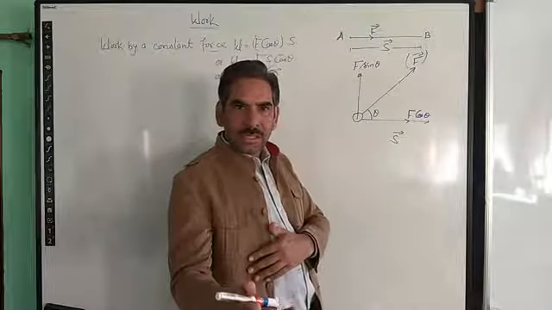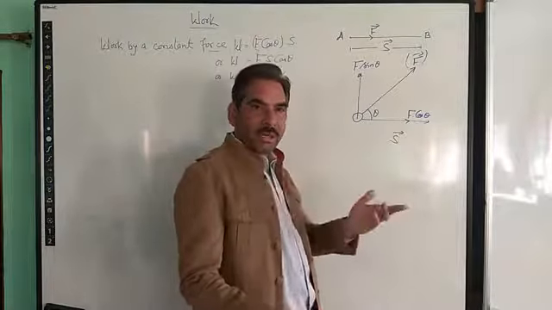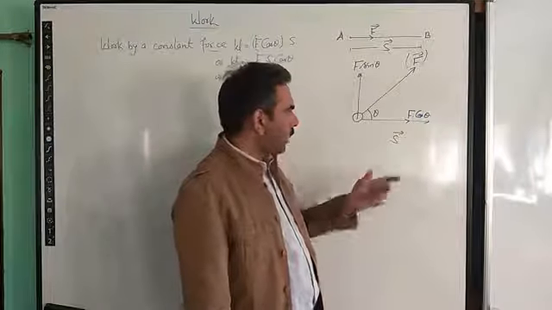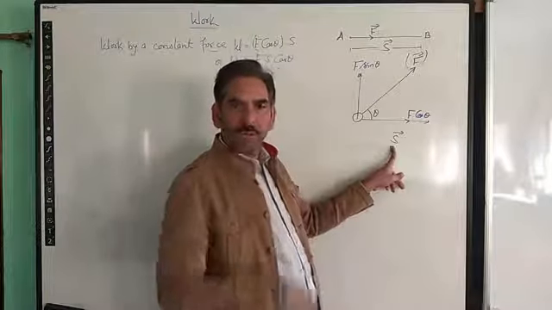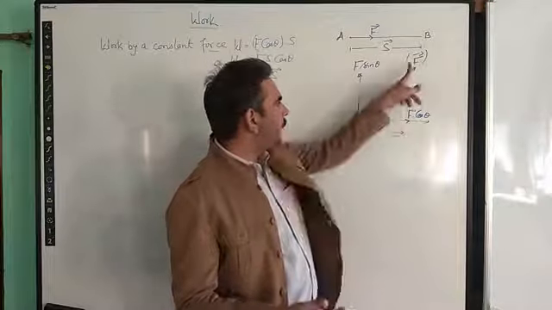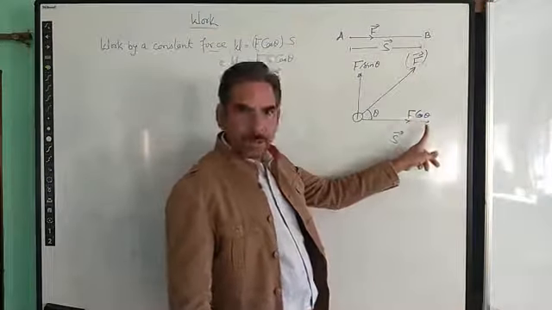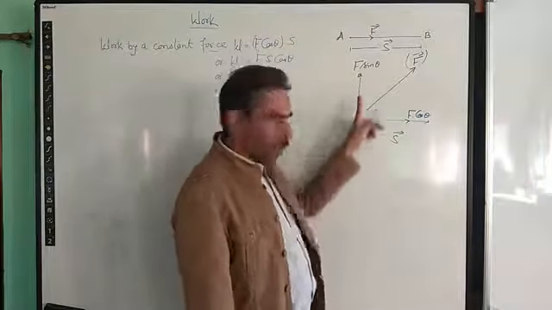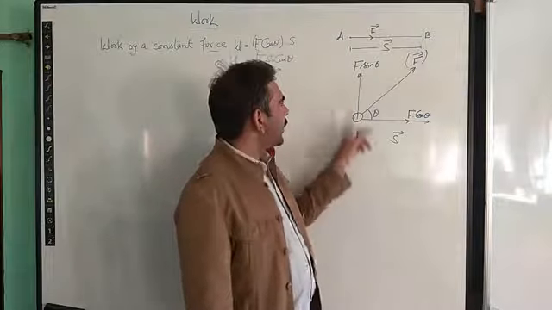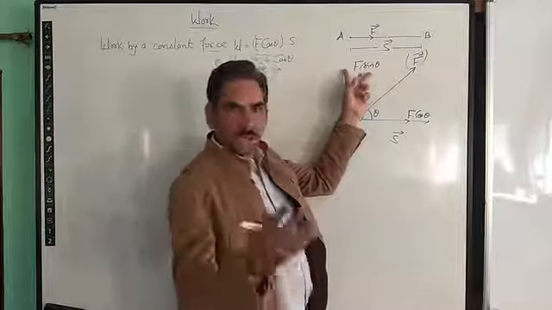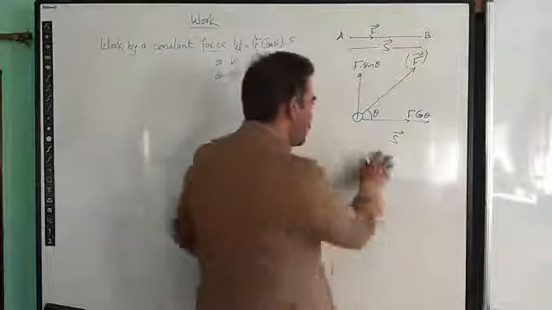So work is in terms of the displacement caused by the force. So this is the displacement. What force is doing this displacement? Not F, but F cos theta. And because there is no motion of the object along the vertical, this force is not doing any work. So what is the work here?